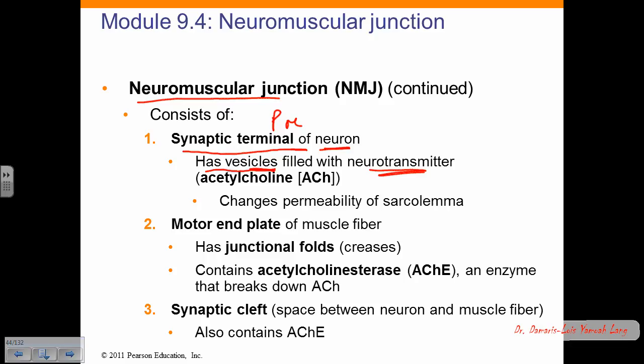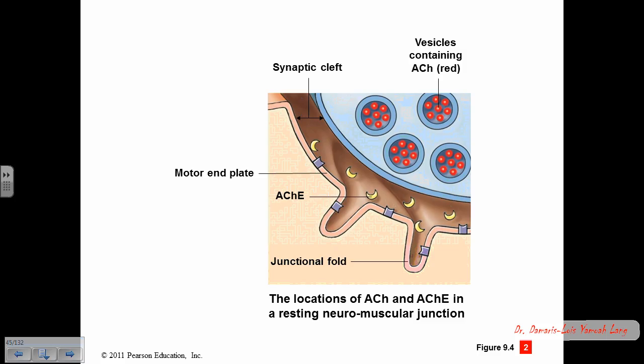The neurotransmitters. While the motor end plate is what? The membrane of what? The sarcolemma of what? The muscle fiber. This enzyme, I'll mention it to you later, acetylcholinesterase. And then the space between is what they call what? Synaptic cleft.